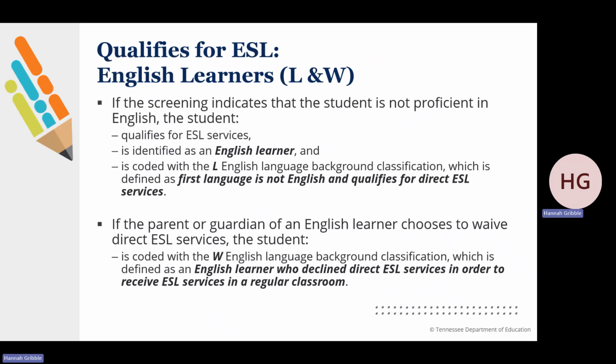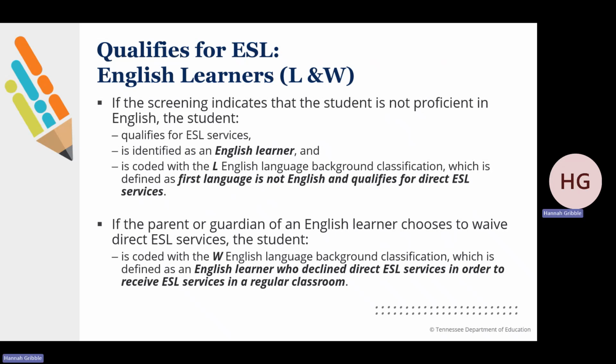If the screening indicates that the student is not proficient in English, the student qualifies for ESL services, and the student is identified as an English learner and is coded with the L English language background classification, which is defined as first language is not English and qualifies for direct ESL services.